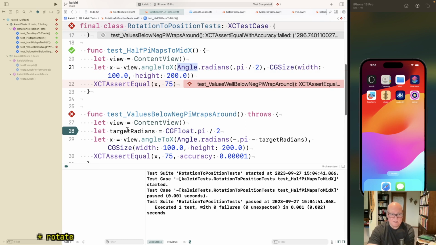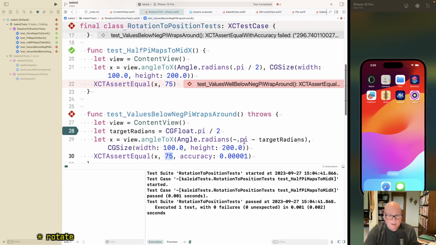Okay, so this is the same radians except minus pi. Okay, and that should also equal 75 because instead of wrapping around up from 0 to 90, we're wrapping around through the negative side and around to 90 the other way. And it should still be 90, and so it should be 75.